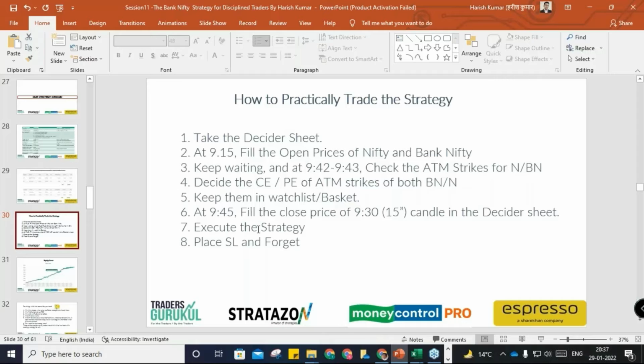Keep them in watch list at 945 till the close price of the 930 candle that closes at 945 in the decider sheet, and execute. Place the stop loss and forget. Don't forget to place the stop loss. Stop loss is very important.